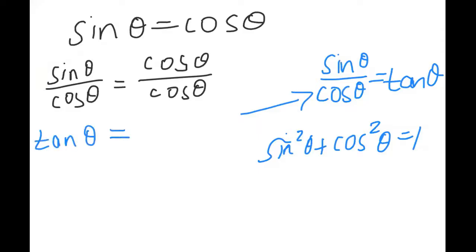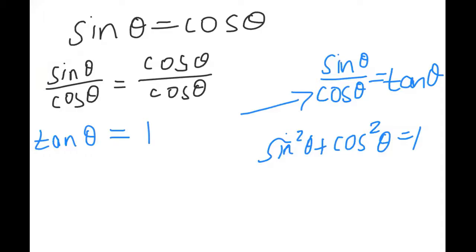And cos theta divided by cos theta is the same as x divided by x, the same as 3 divided by 3, the same as 5 divided by 5. Anything divided by itself gives an answer of 1. So this will be 1. And now we have tan theta equals 1.